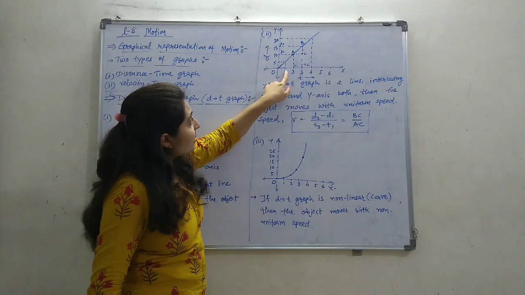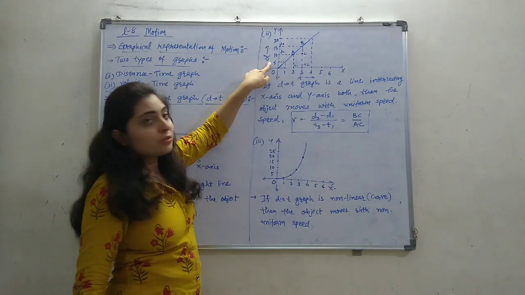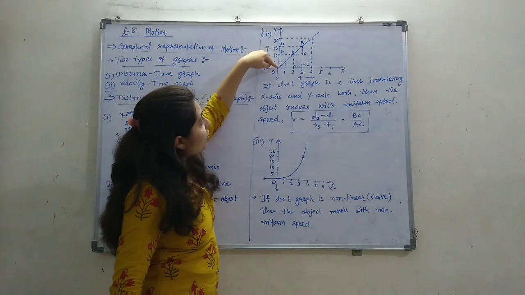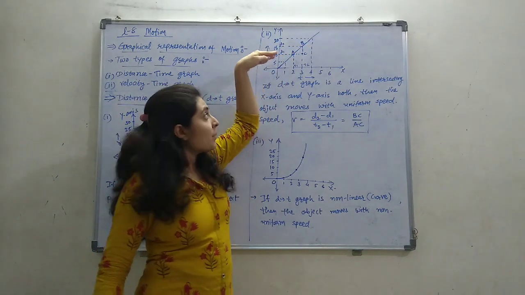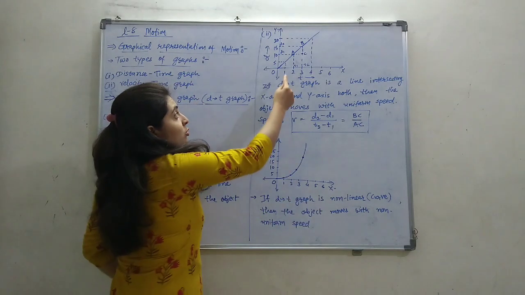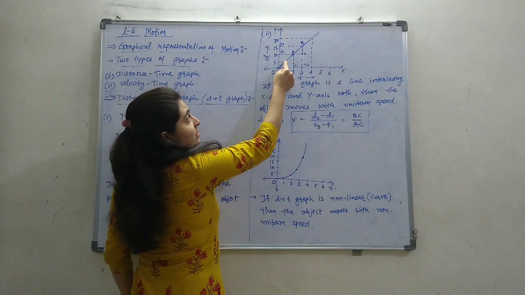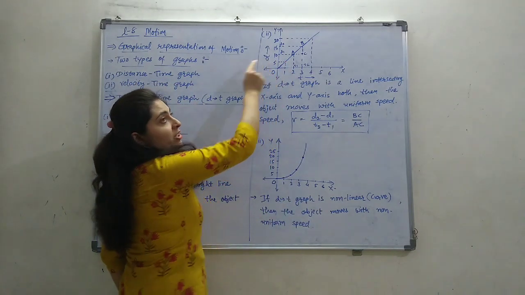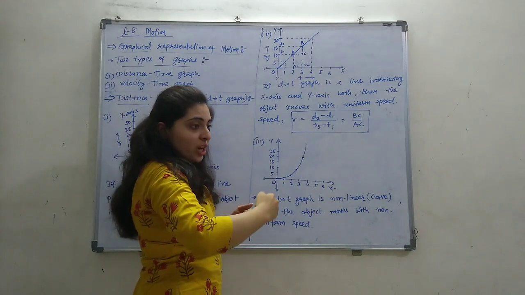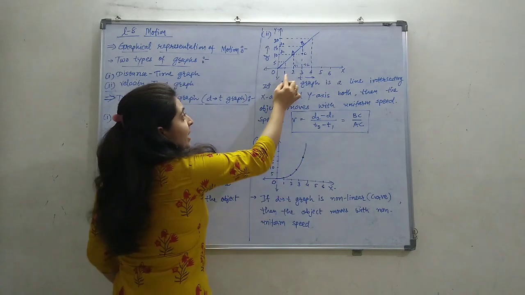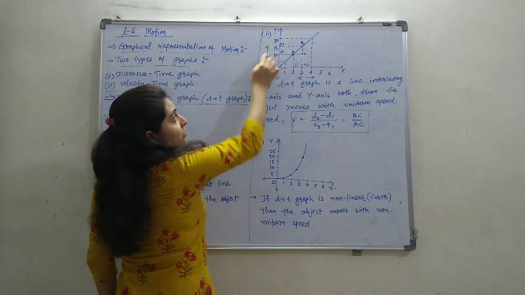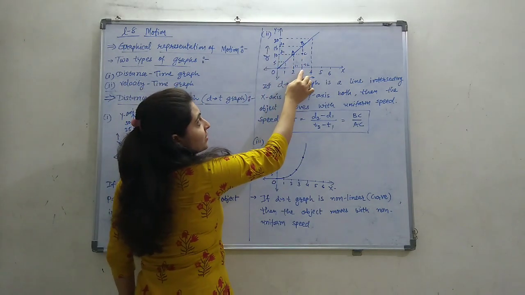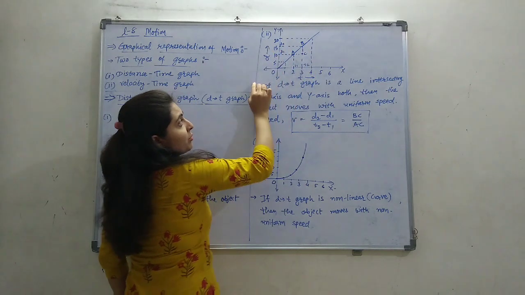Now at 1 second, the object reaches 5. We always get the values depending on the line. So at 1 second, the object is at 5 meter distance. That means the object has traveled from 0 to 5. Now after 1 second, at 2, the object reaches 10 meter distance. After 1 second, the object reaches 15 meter.